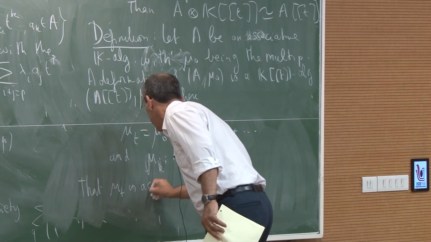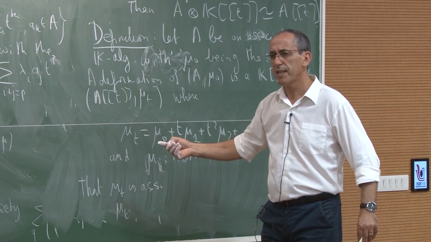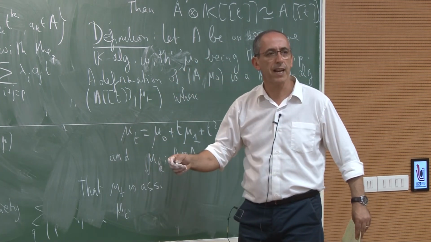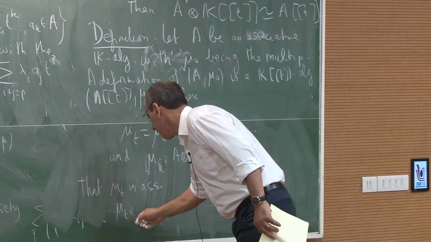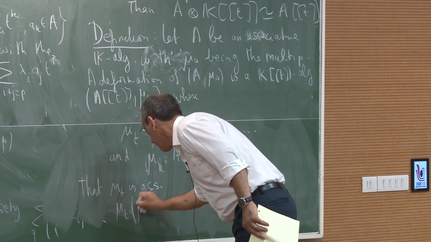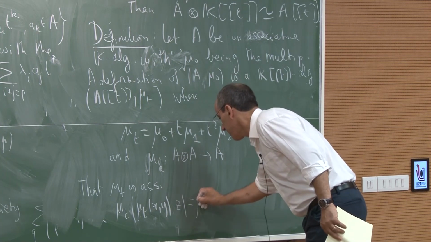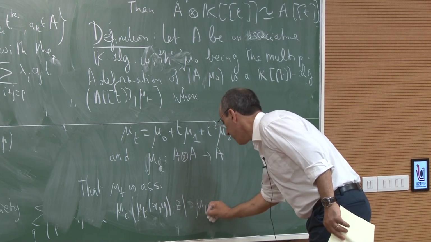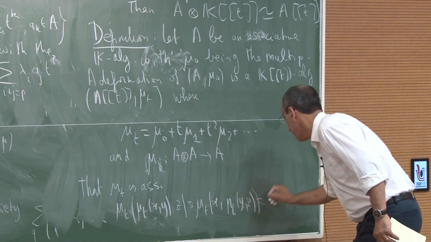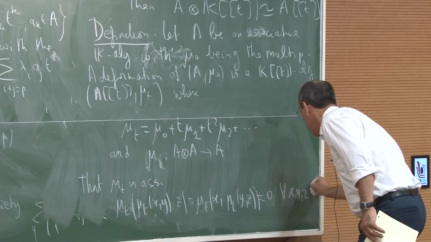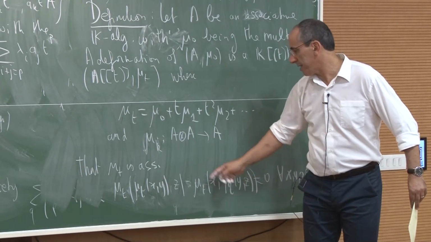Mu_t is associative. We have, since we have KT linearity, that we can check the associativity only on elements of A. Then mu_t(mu_t(x, y), z) minus mu_t(x, mu_t(y, z)) equals 0 for any x, y, z in A. I don't need to check the associativity condition for any elements in AT.